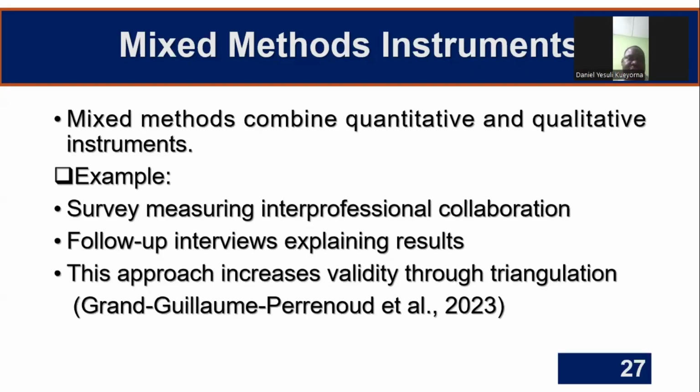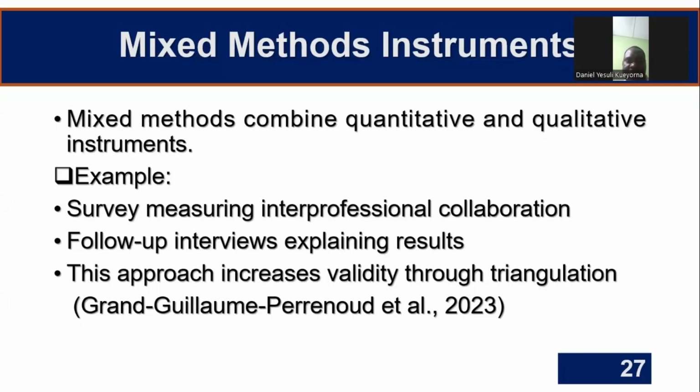Mixed method instruments. As the name implies, mixed method means that since the researcher wants to deploy both quantitative and qualitative methods of research, it requires their instruments as well. So the mixed method draws instruments from both quantitative and qualitative measurement. So let's look at this example. A survey measuring interprofessional collaboration is a very good example.